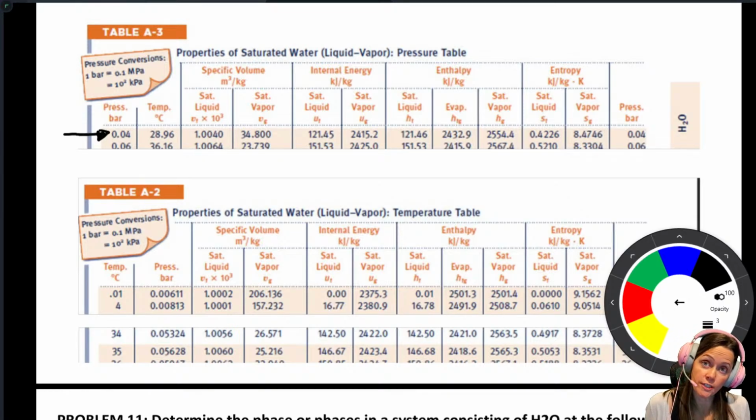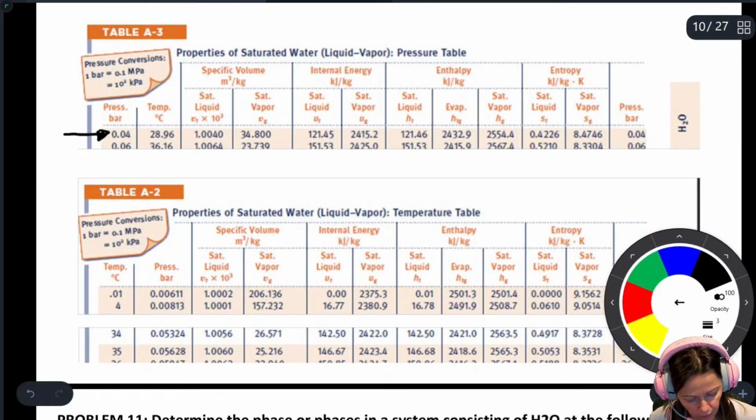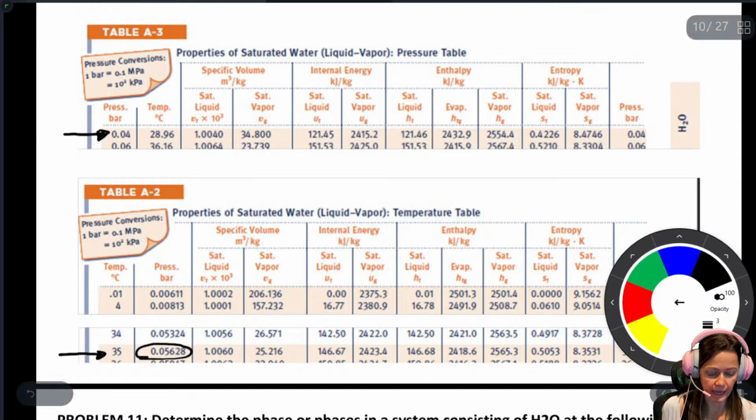And then if I had looked in table A2, which would have been fine too, right? It's the same information, it's just organized differently. If I had looked at 35 degrees Celsius, I'd see the only possible pressure that water could boil at 35 degrees Celsius is 0.05628 bar. And so I know it's not saturated.